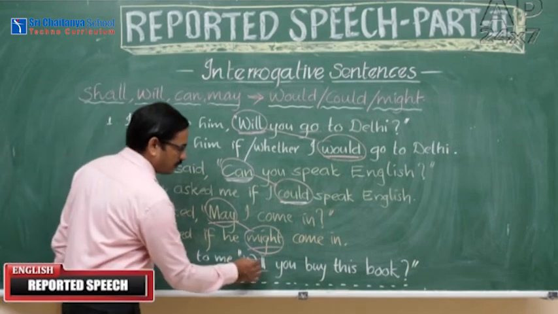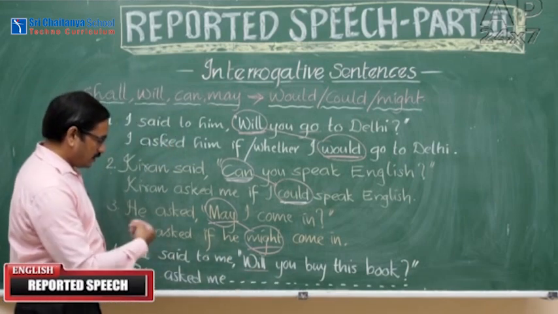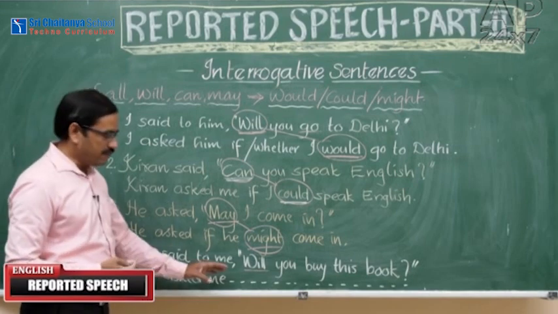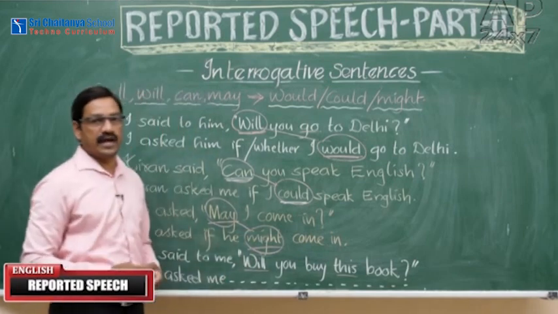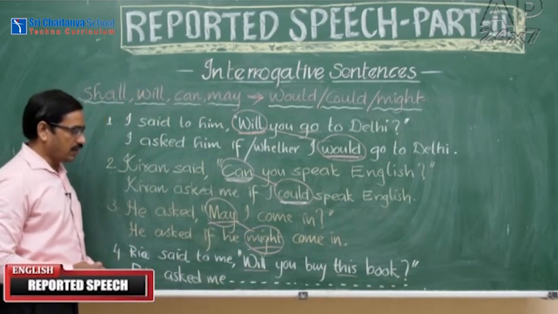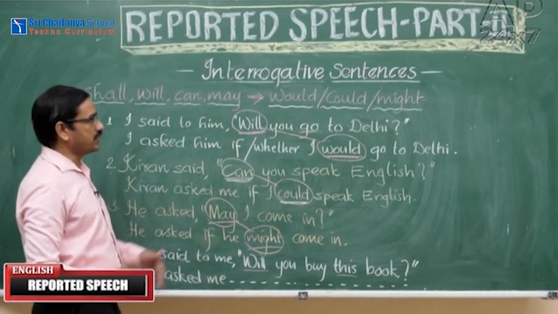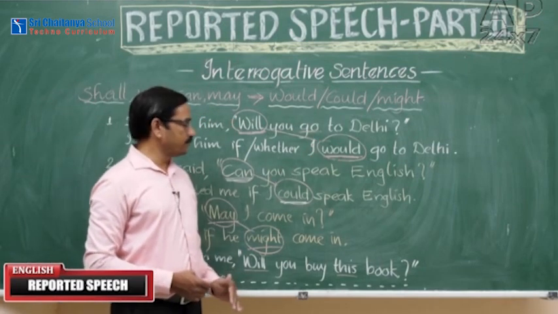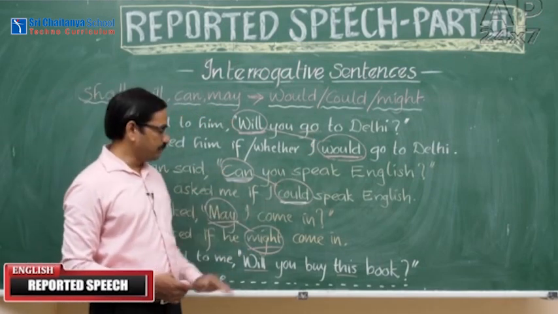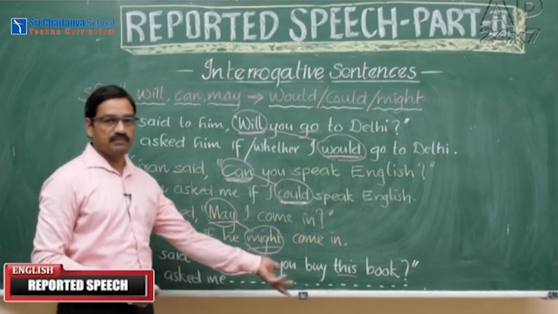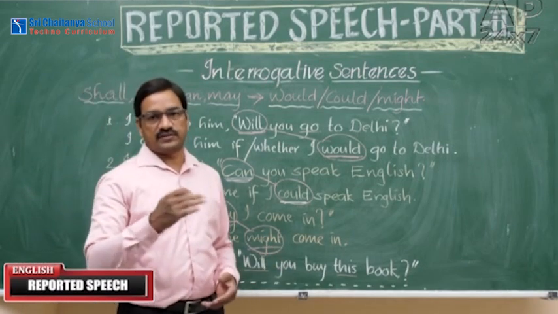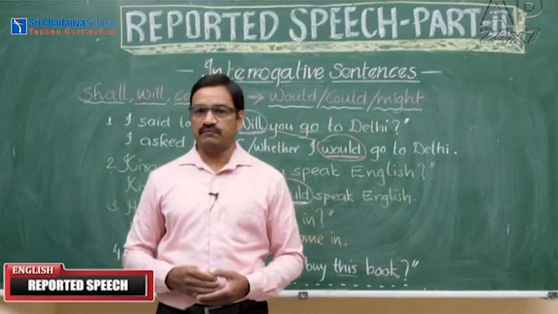So the will is going to become would, and this is going to become that. So here will is changed into would, can became could, may is going to become might. This is a change of shall, will, can into indirect speech form.